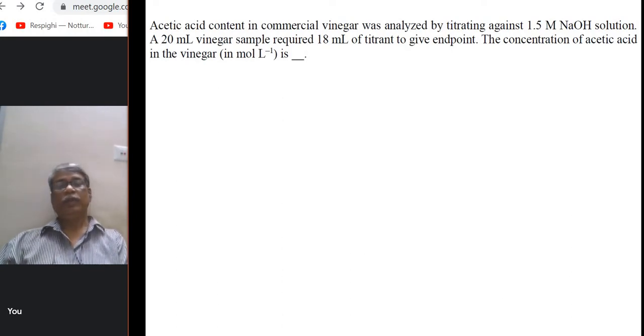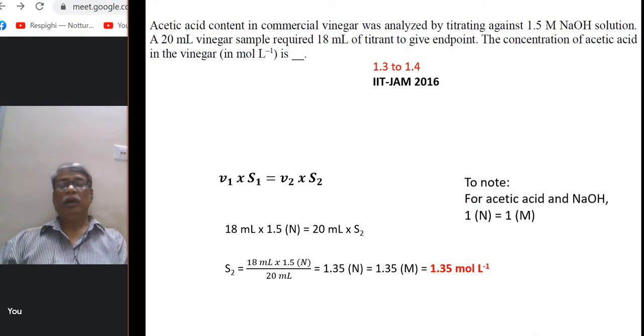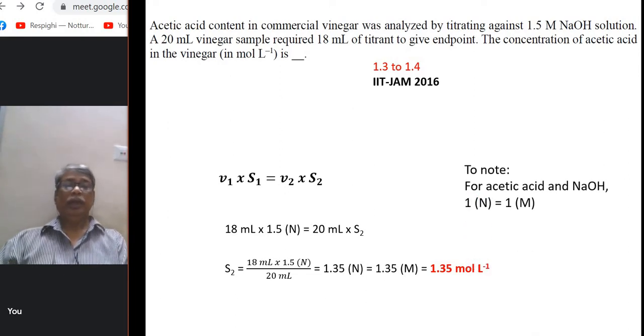So it's going to be an application of that very famous formula: N1V1 = N2V2, and here V1 is 18 ml, 1.5 normal, that is the NaOH, and the right hand side 20 ml vinegar, and strength is unknown. So you will get in normality, that is equivalent per liter. Of course, you can see the answer 1.35. And to note that for acetic acid and NaOH, in both cases, one normality is equal to 1 molar, because you have to calculate in normality, right?